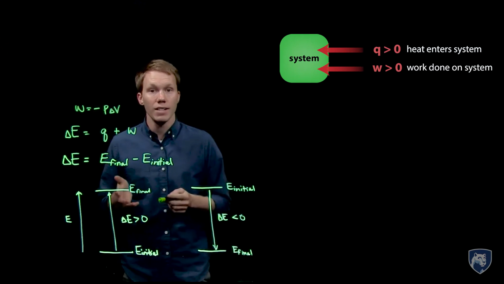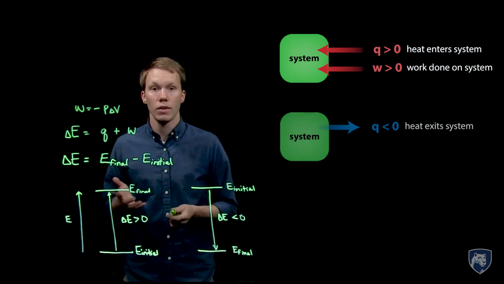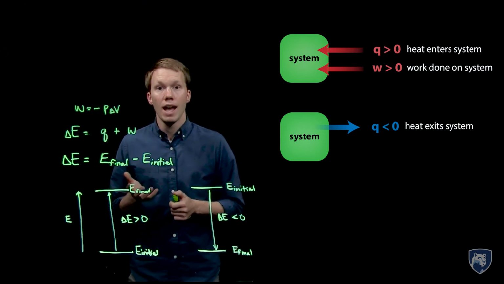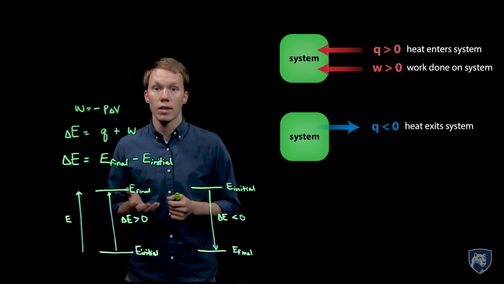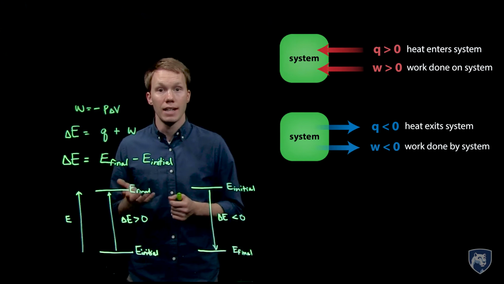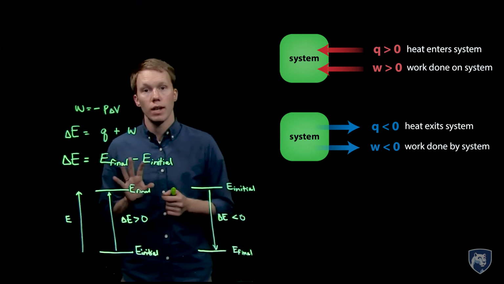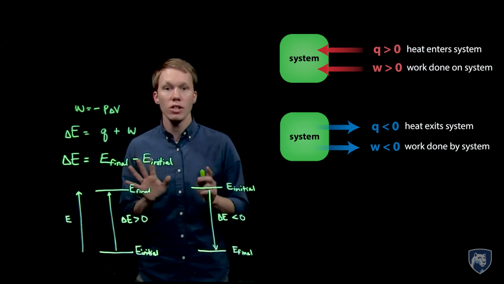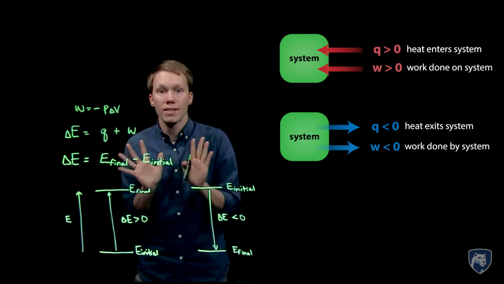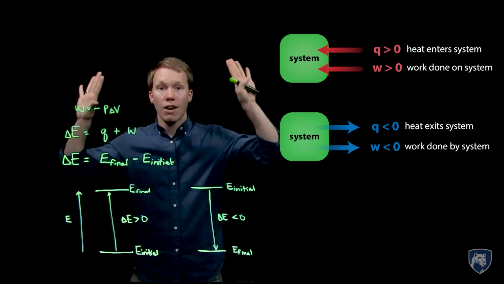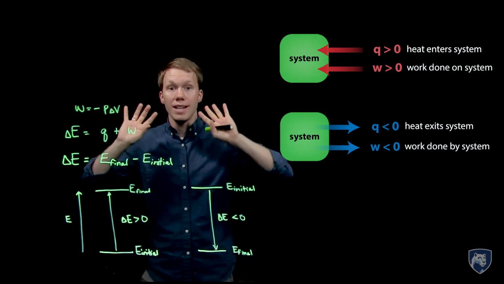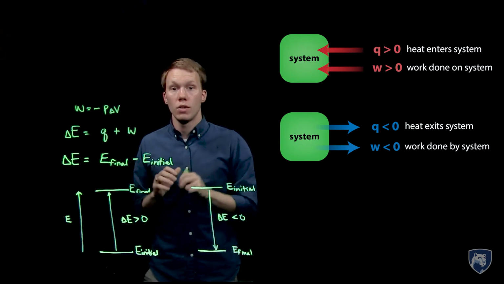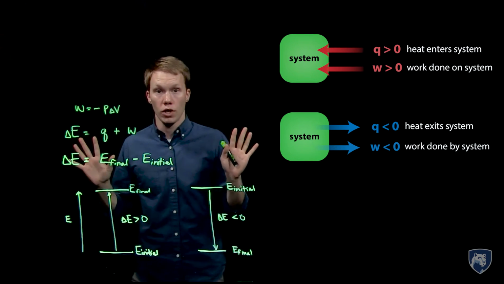On the other hand, when a system loses heat, we define that as Q being negative. And when a system does work, that is a negative work value. So again, with respect to work, I have an analogy that might be kind of a stretch, but imagine you're inside a balloon. You are now the system, and you are pushing out the walls of that balloon. It takes effort for you to do that, and so you are doing work to expand that balloon volume.